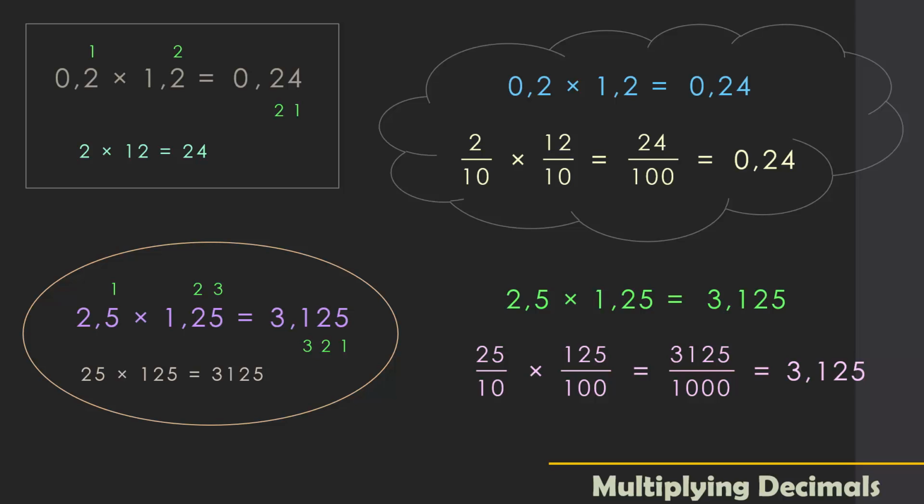Now let's see the example about division of decimals. The easiest way to solve division of decimals is changing each decimal into fractions. Let's see, what is 0.24 divided by 0.2?